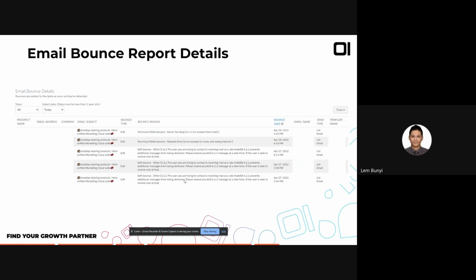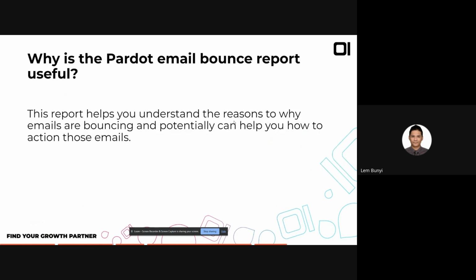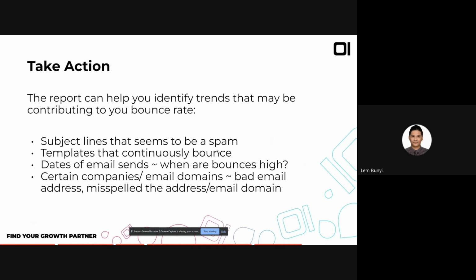So in here, you can plan or see what you should be doing on those emails. The Pardot email bounce report is very useful for that because it will potentially help you resolve or take action on those emails. Upon taking action, you can see if there's a trend that is contributing to the bounce rate.